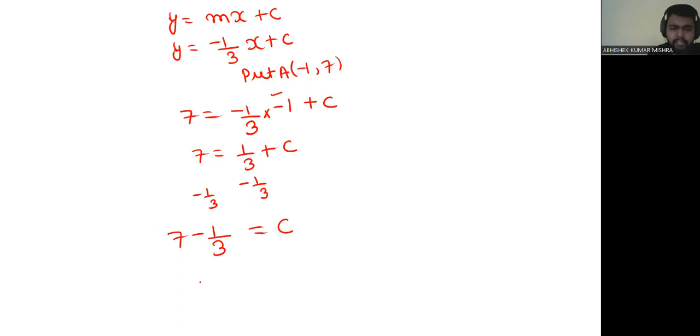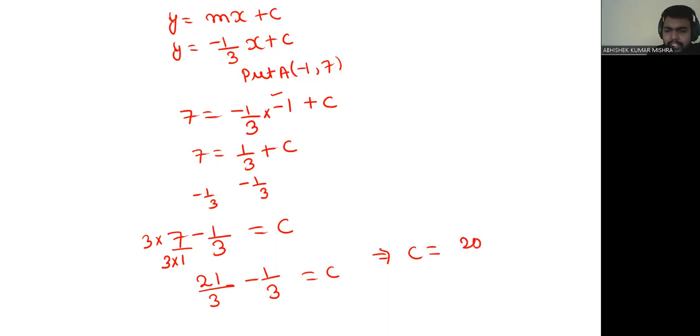So let us solve for this. When you solve for this, what are you going to get? Here you are going to multiply this 7 by 3 so that the denominator will become the same. So that is going to be 21/3, and there is -1/3 is equal to c. Ultimately, your c is going to be 21 minus 1, which makes 20/3.